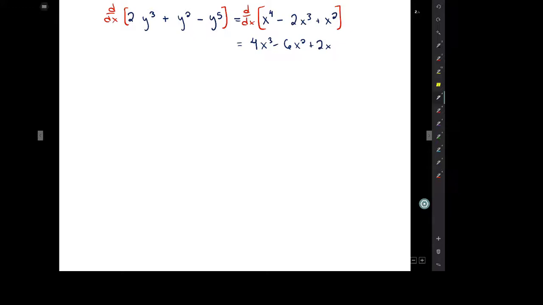Now, on the left-hand side, I have to use the chain rule whenever I'm taking the derivative of y, because y is a function of x. So on the left-hand side, I have 3y squared times the derivative of y cubed. So again, this is because I have to use the chain rule.